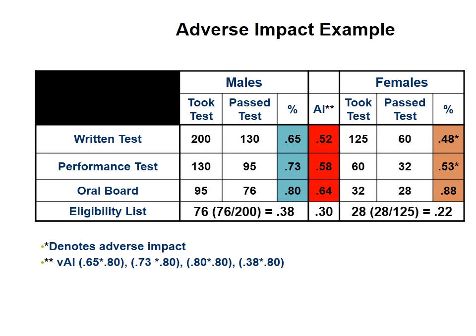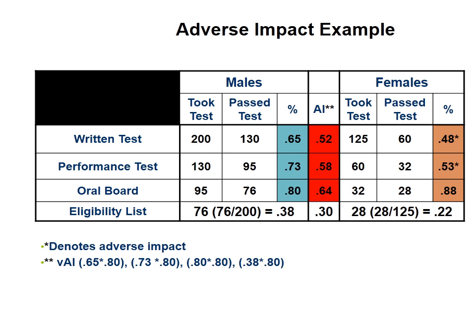So on the written test, 65% of men passed, only 48% of women passed. In the performance test, 73% of men passed, only 53% of women passed. Now, with the written test, 0.65 times 0.80, 4/5, 80%, is 0.52. That's that red bar. That's our adverse impact.